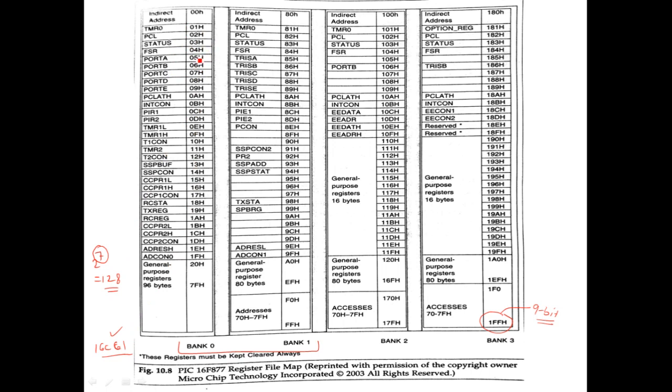Therefore the registers which were seen in the lower devices are carried forward as they are without any change. But in addition to that, there are many additional SFRs. The different SFRs are associated with different functional blocks of this microcontroller. In the lower devices like the 16F84, many functional blocks are missing, and therefore the corresponding SFRs were missing in the register banks.